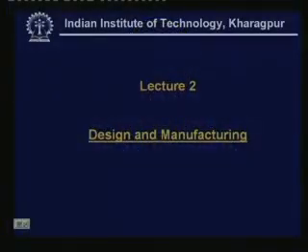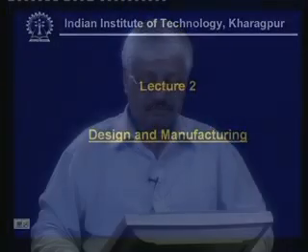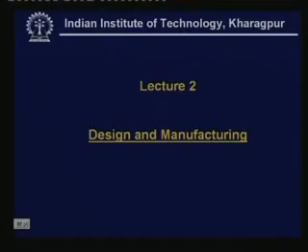To give a shape to a product, it requires manufacturing. So we will discuss the ideas of manufacturing in the context of design in today's lecture, which has been given the name Design and Manufacturing, Lecture 2.